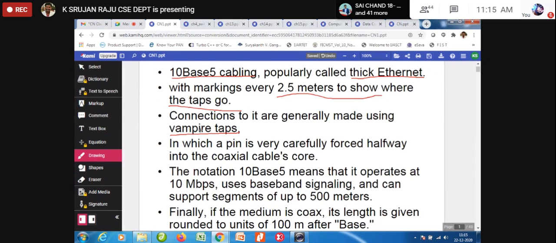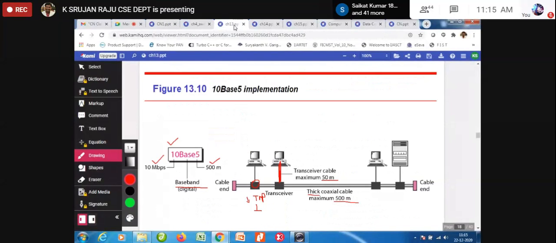So in 10Base5 we use vampire taps, in which a pin is very carefully forced halfway into the coaxial cable core. Now, what is the meaning of that? Let me keep the cable something like this.